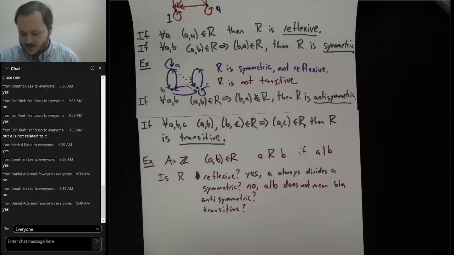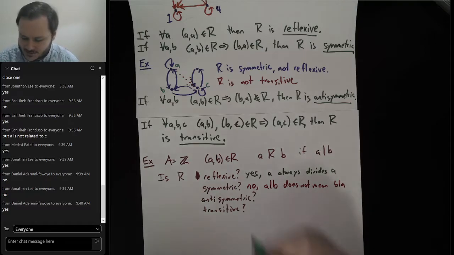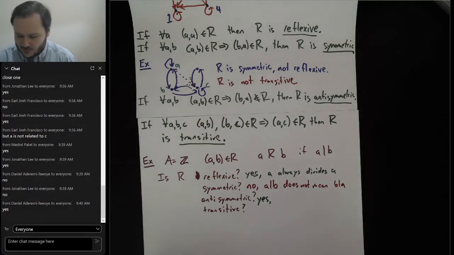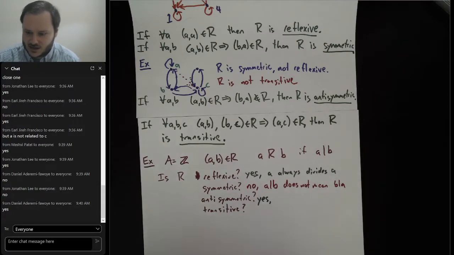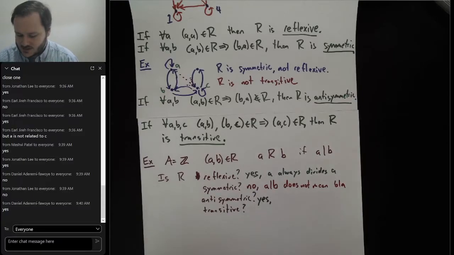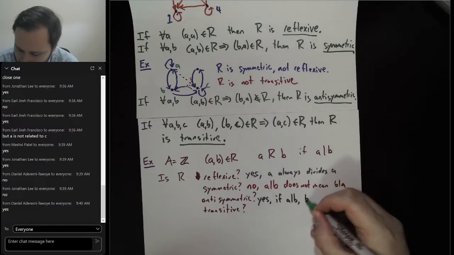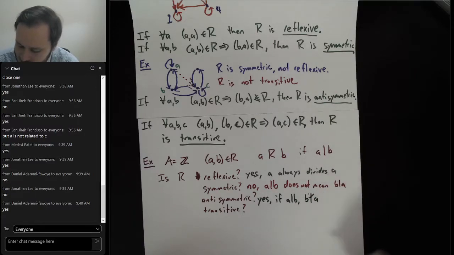Antisymmetric. If A divides B, can B divide A? Right, this is antisymmetric, because I do need to be more careful about my definition of antisymmetric. I need to go back and adjust this, because if A divides B, B does not divide A unless what is true?